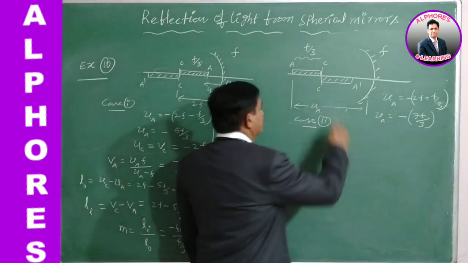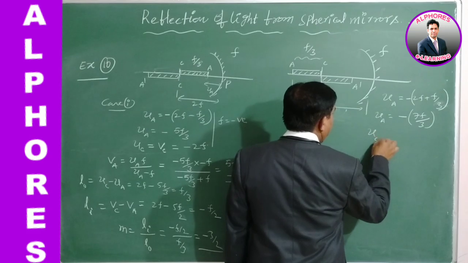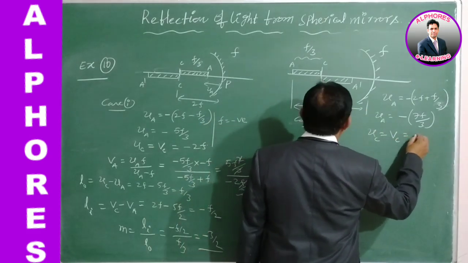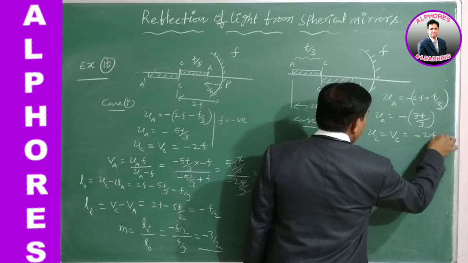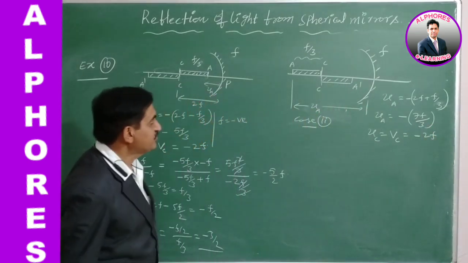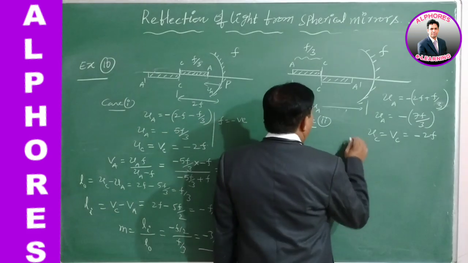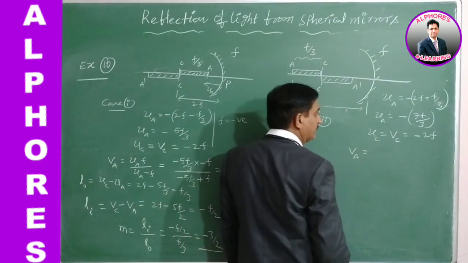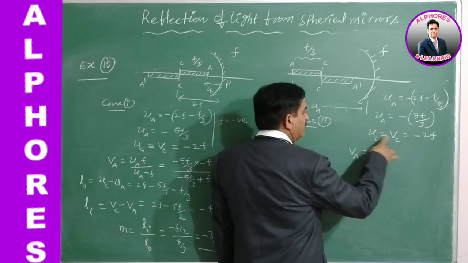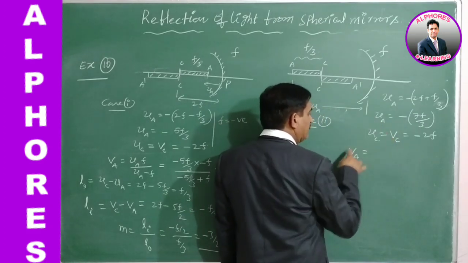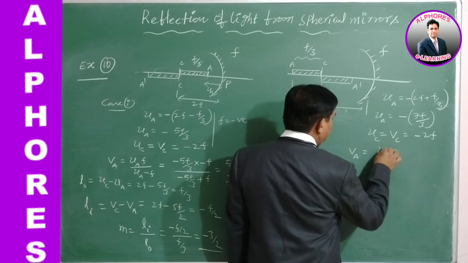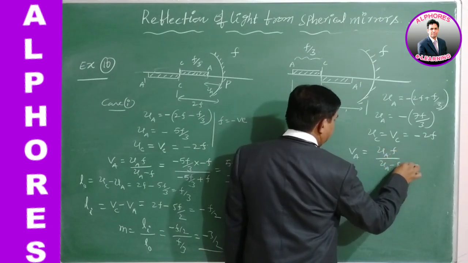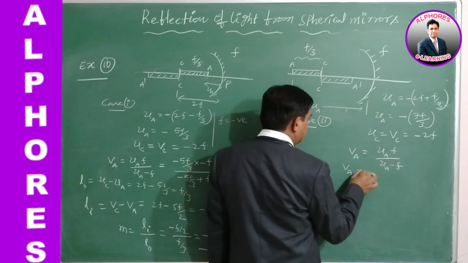Okay. Next, UC is equal to VC, that is equal to minus 2f. And next we have to find VA in this case. UC VC, UA VA. VA is equal to UA into F by UA minus F. Again substitute the values.